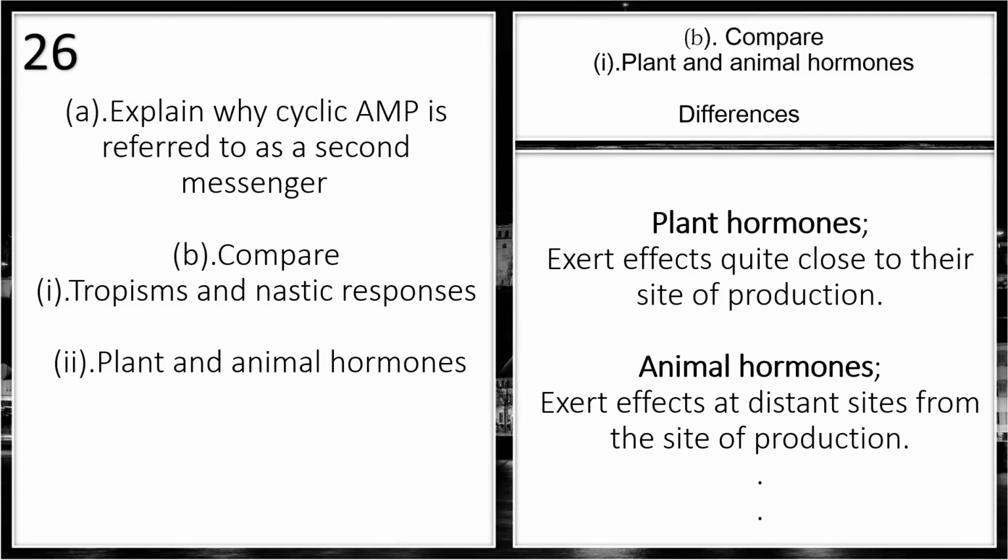Plant hormones exert effects quite close to their site of production. Animal hormones exert effects at a distant site from the site of production.